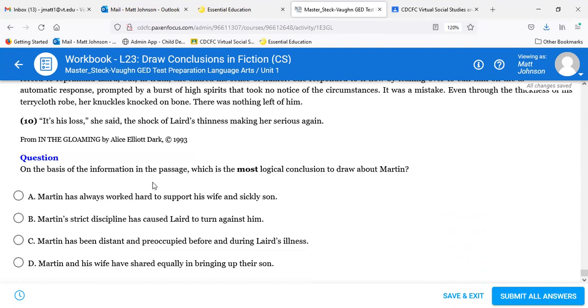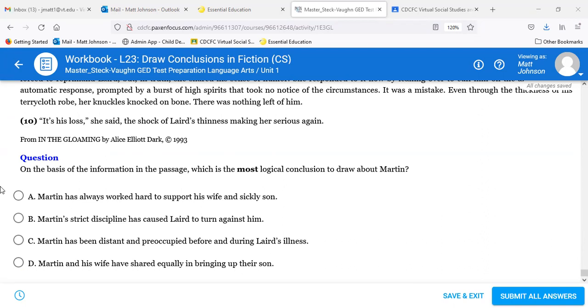Grace, would you like to take number 14 for us? Okay. Number 14. On the basis of information in the passage, which is the most logical conclusion to draw about Martin? A, Martin has always worked hard to support his wife and sickly son.